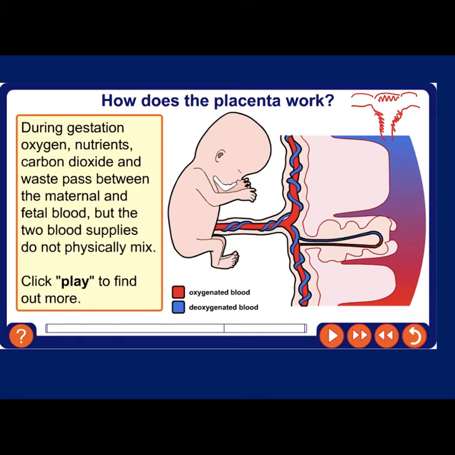Once the embryo implants into this endometrium, from that it produces the amniotic sac and the placenta. So the placenta is essentially a whole load of blood vessels, and these blood vessels connect to the embryo via the belly button.